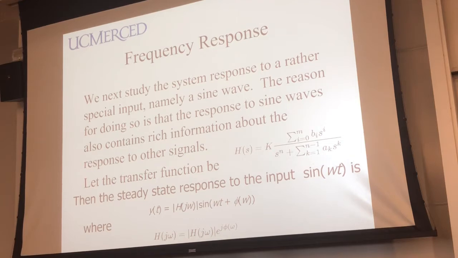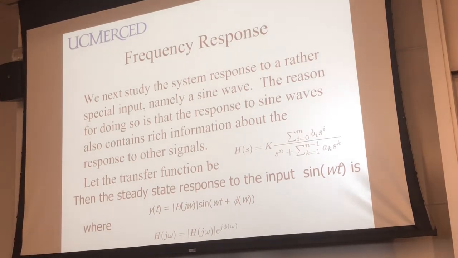Something different you haven't learned before: instead of seeing how a system responds to my step, which is called the time domain response, this is called the frequency domain response. Your x-axis is not time t. Your x-axis is omega, your frequency.